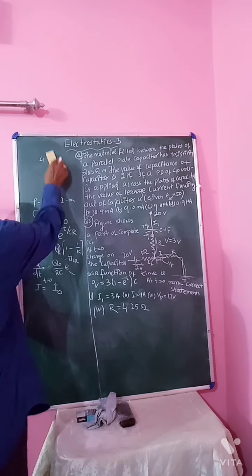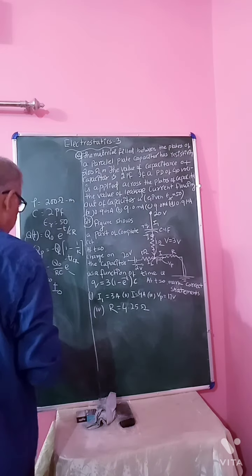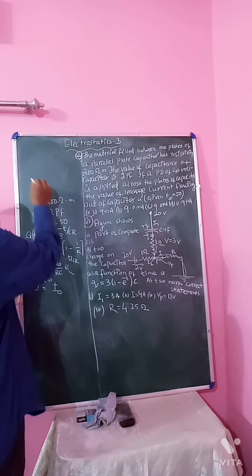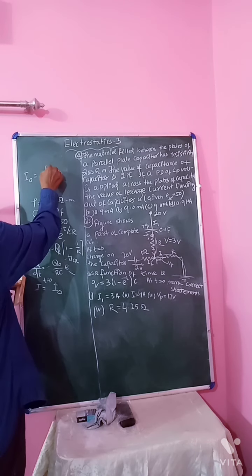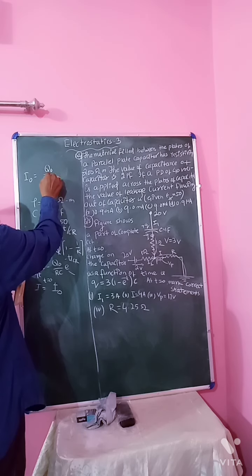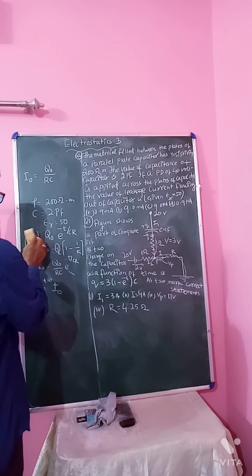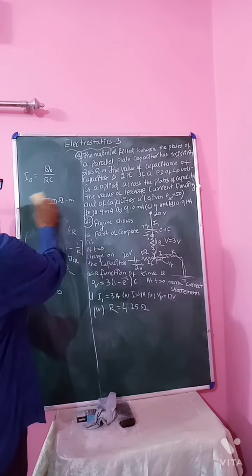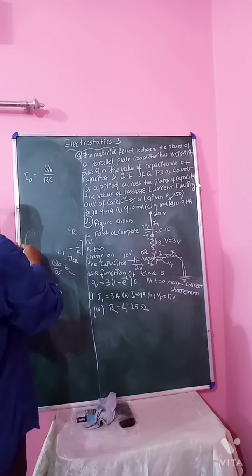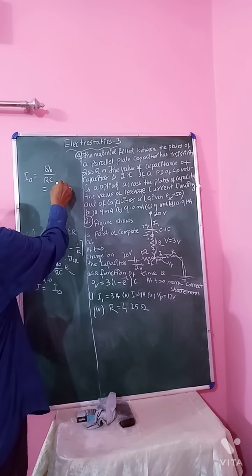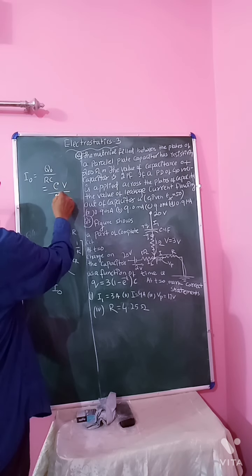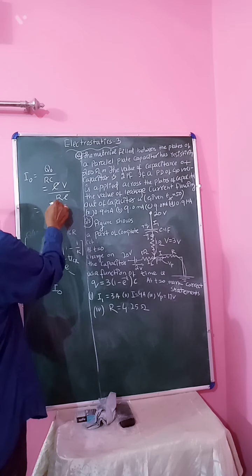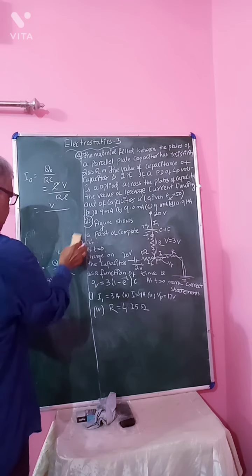So how to find out? Now this is the leakage current I0, maximum charge Q0 by R into C. Q0 is the maximum charge, that is C into potential difference V, RC got cancelled, V by R.